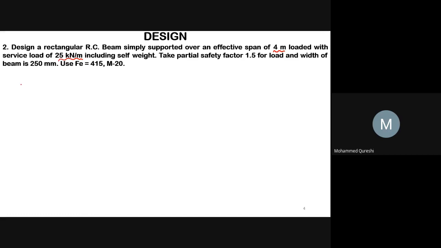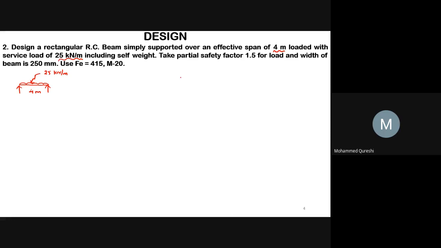Suppose this is your simply supported beam whose span is given as 4 meter and it is loaded with service load of 25 kilonewton per meter, including its self weight.